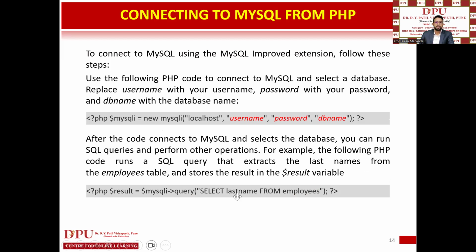Select the last name from the employee table. So what it will do, it will choose the last name column from the employee table, and then it will store that result under the result variable. Understand?